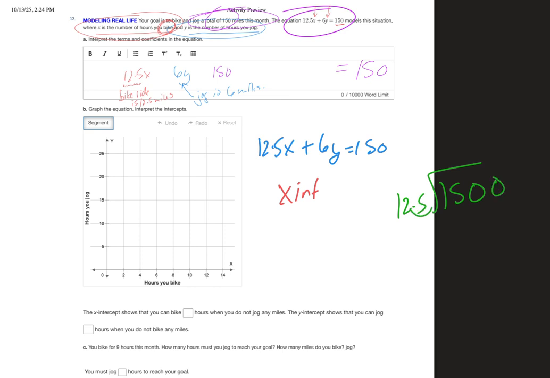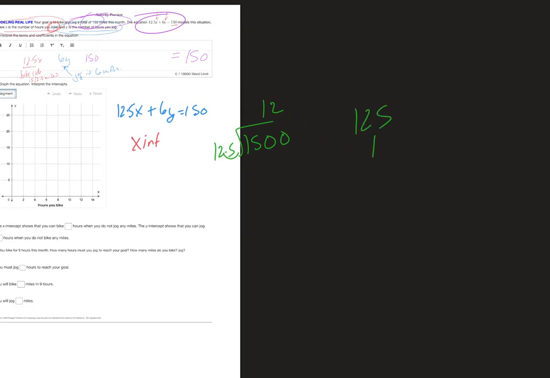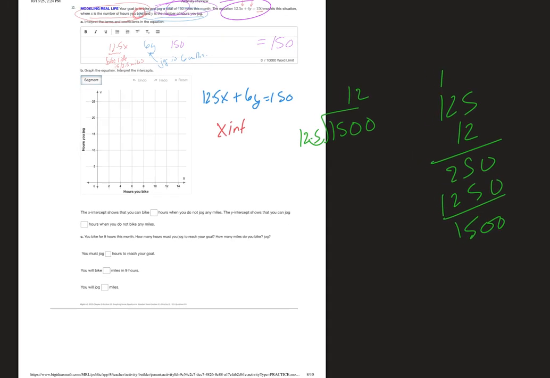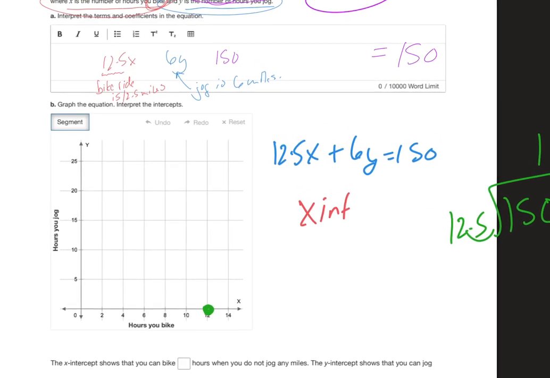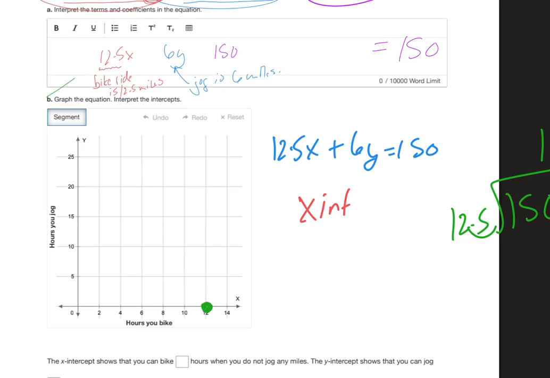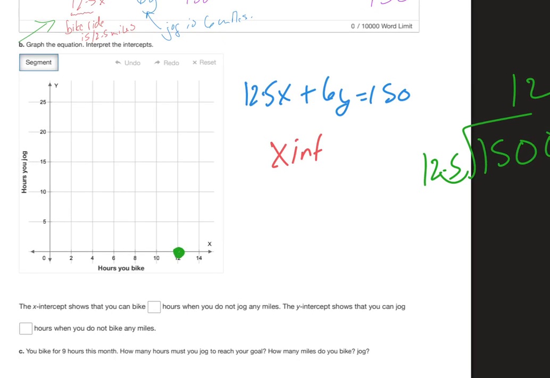That's 12. 125 times 5. 10, 5, 2, 0. Yeah, 1,500 is at 12. So the x-intercept is 12. Which means he could do 12 bike rides, and that would be 150 miles.